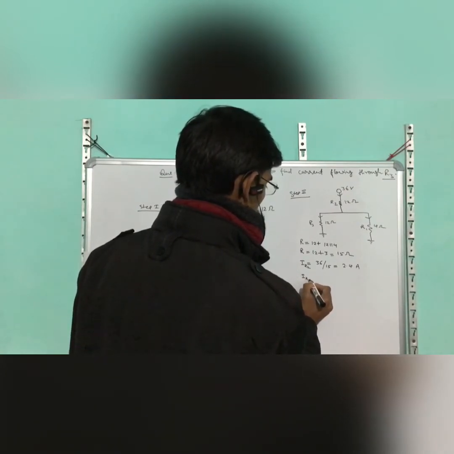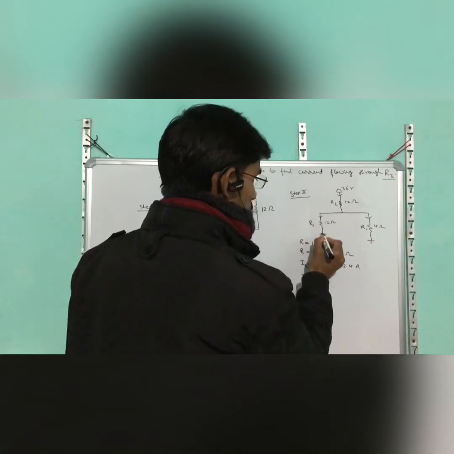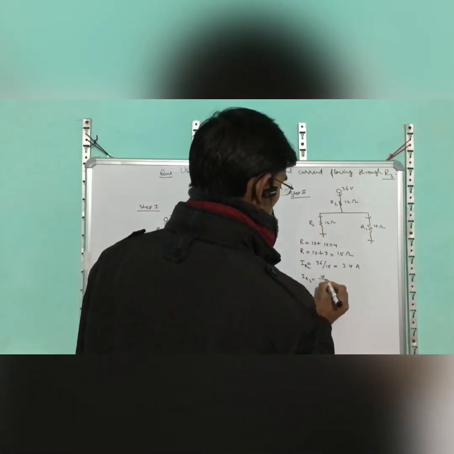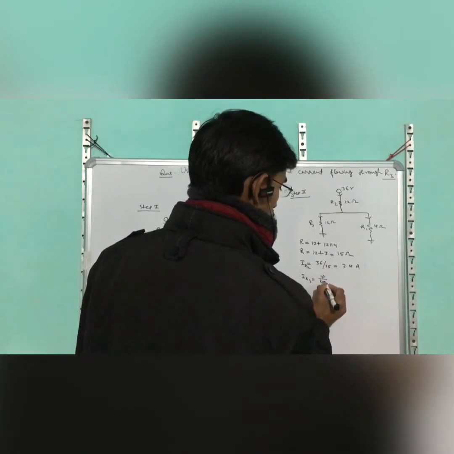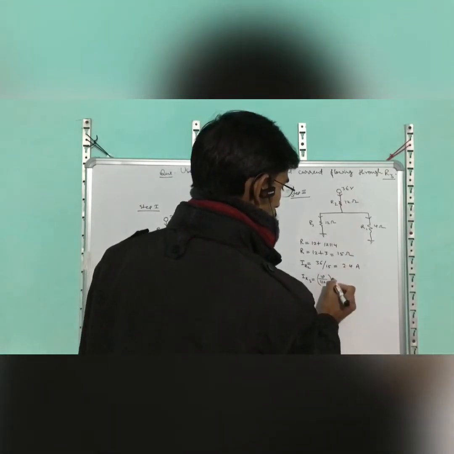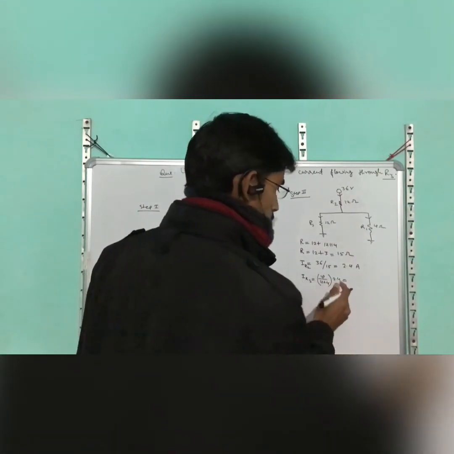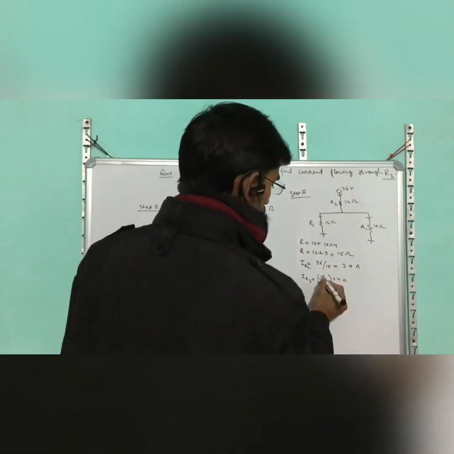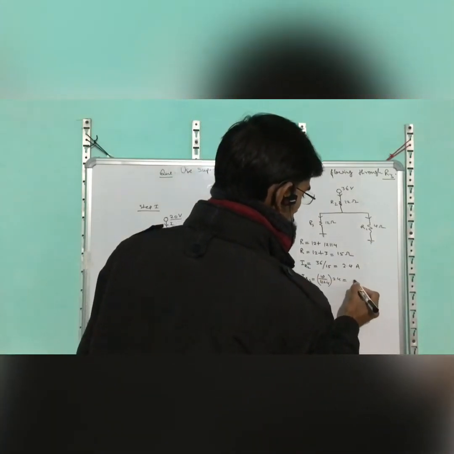So IR3 flowing through this resistor will be 4 divided by 12 plus 4, into total current coming through this combination. So total current is 2.4. So this is how current is divided into a parallel combination of resistors. 4 by 16, 1 by 4 means 0.6 ampere.